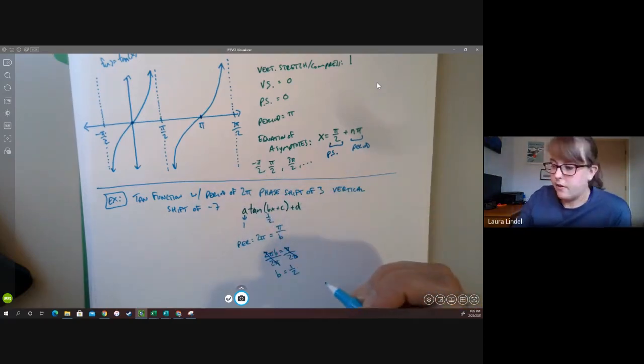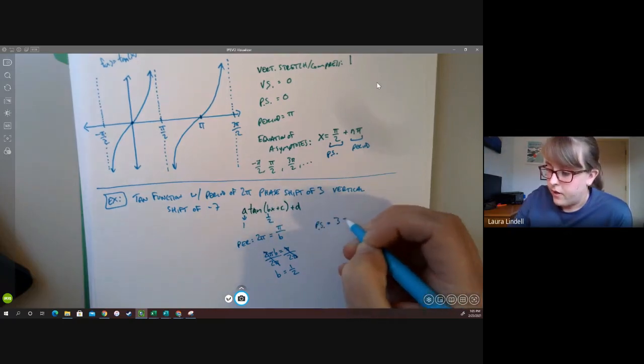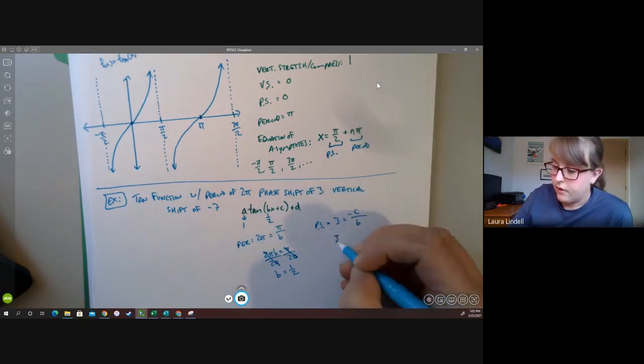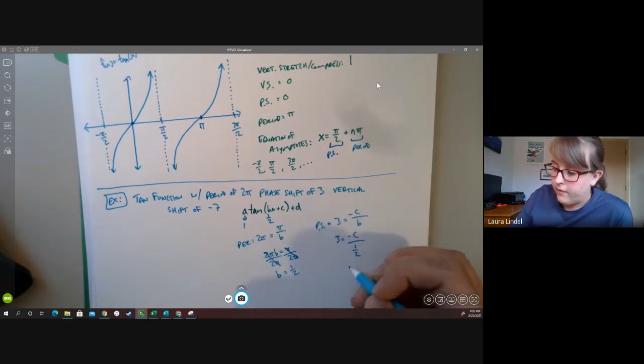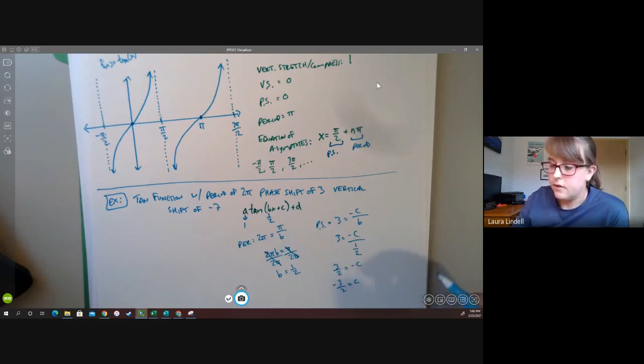Then for the phase shift, we know that we want it to be 3, and that's -c over b. So 3 is -c over 1/2. Multiplying by 1/2 on both sides, we get 3 over 2 is -c, so -3 over 2 is c.